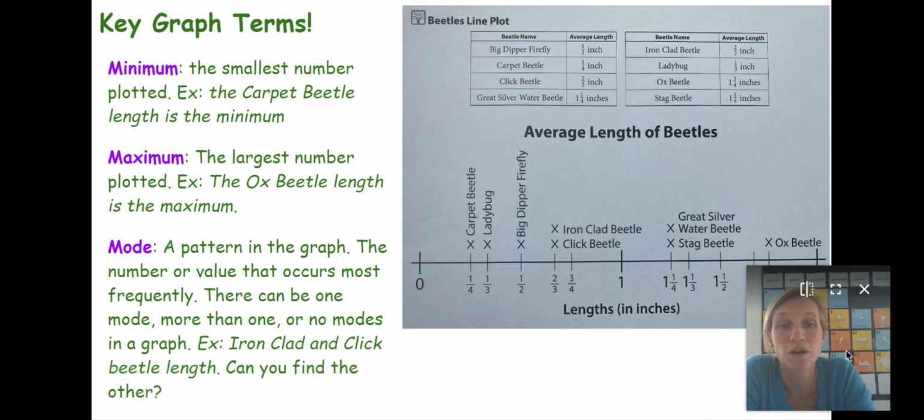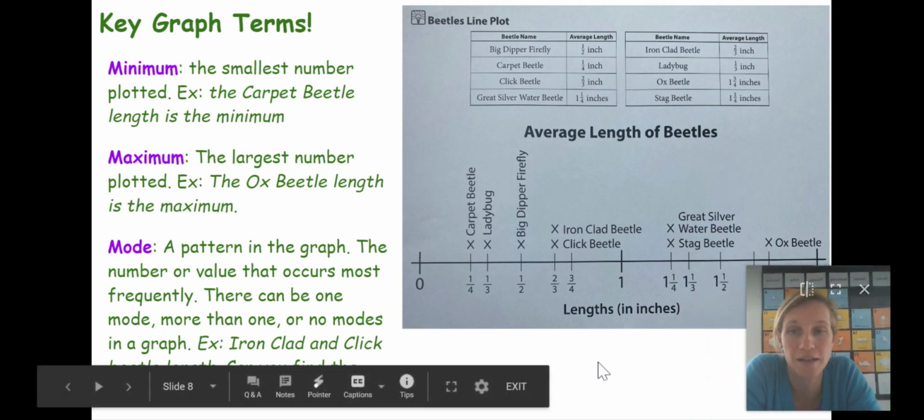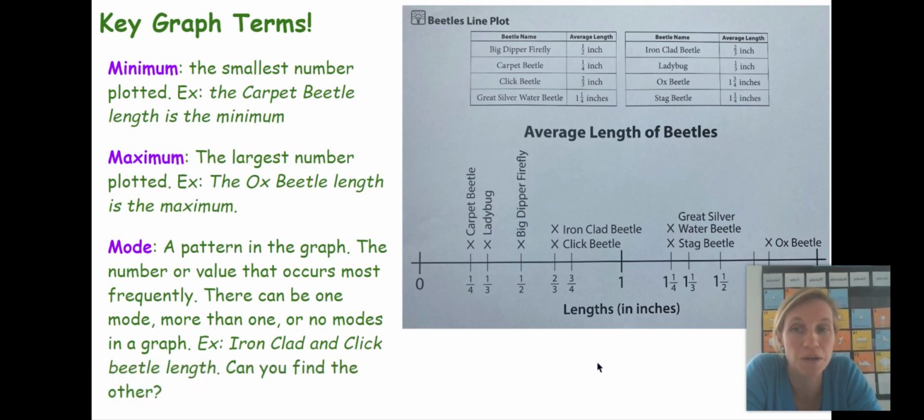We can also look for patterns in our graph, and that's what we call the mode. And the mode is the number or the value that occurs most frequently. Important to note, there could be one mode, there could be more than one, or there might not be any modes.